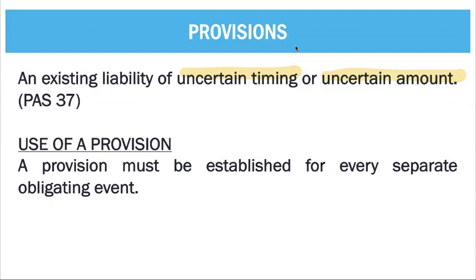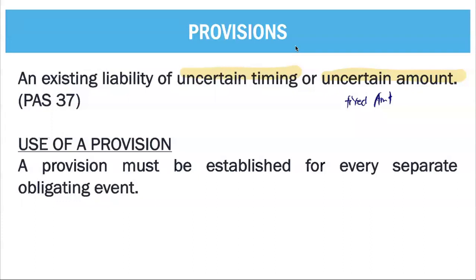Next, as to the uncertainty of amount. So it can either be uncertain timing as to the occurrence, or uncertain amount as to the amount you will pay out of your liability. Why? Because your provision does not have a fixed amount as to the settlement value, unlike your other liabilities wherein we have a fixed amount to settle.